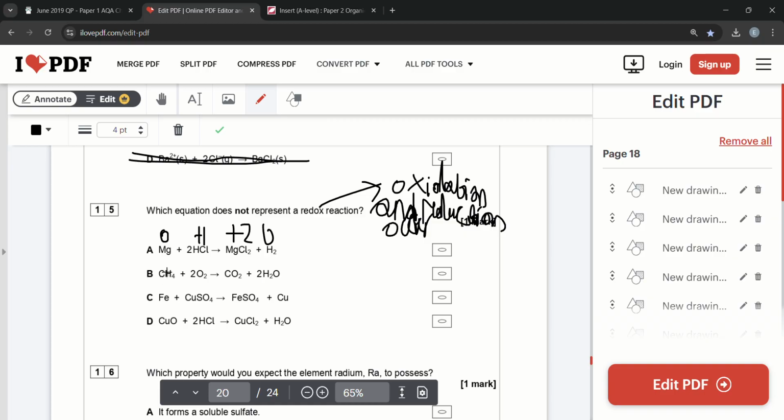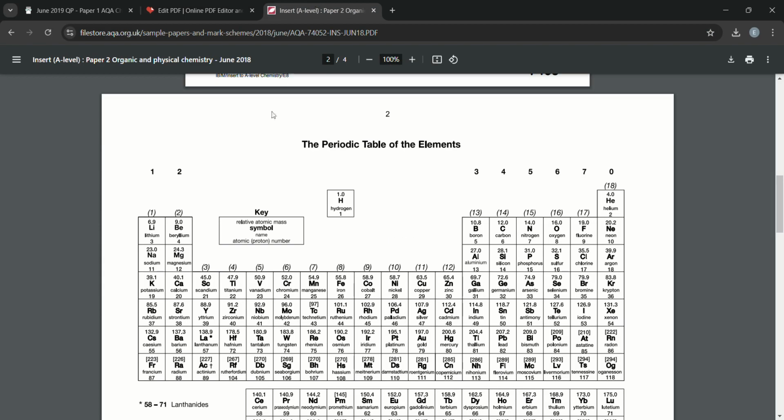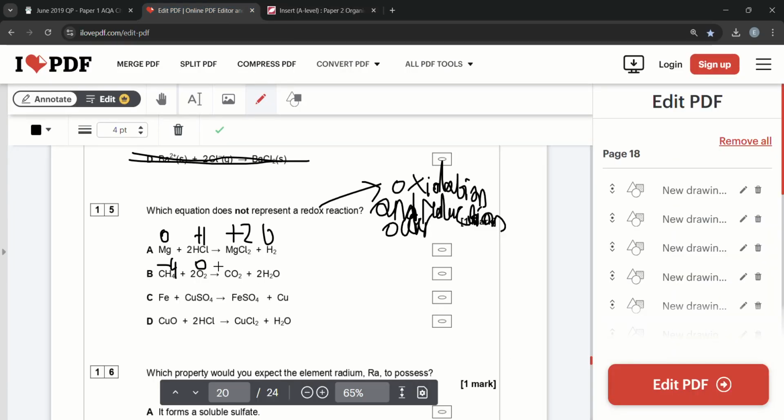Part B, that's -4. That's obviously 0. Actually, if we look at carbon, that's in group 4, so carbon in here is going to be +4. Look at oxygen in here, -2.